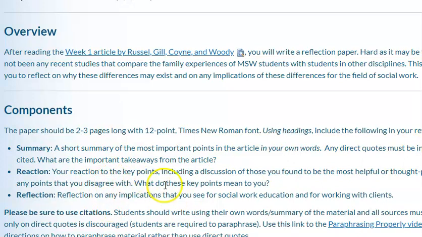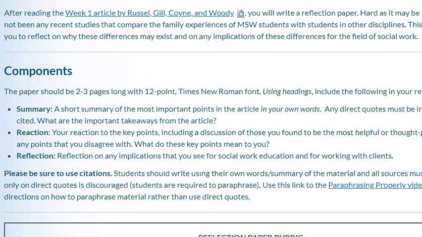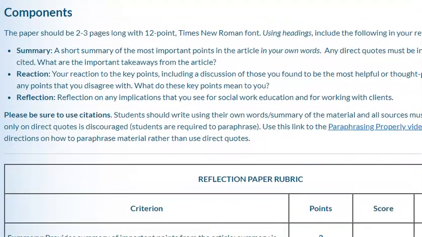Next is your reaction to these key points, and then your reflection on any implications that you see for social work education and working with clients. You are using citations. Again, this is an academic program, so you are always indicating reference information in terms of your paper, and here is a discussion on paraphrasing properly.